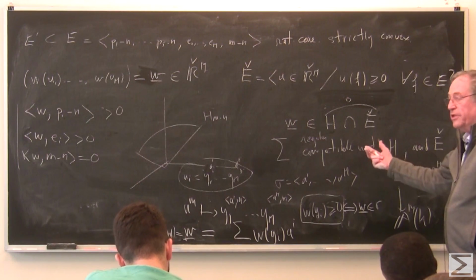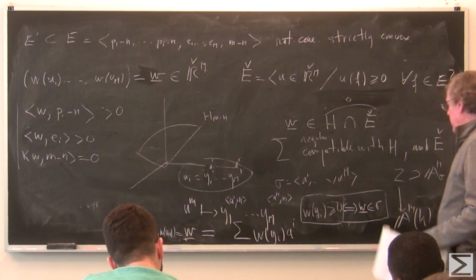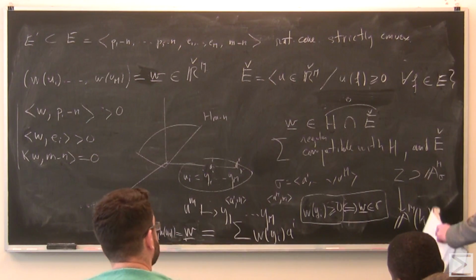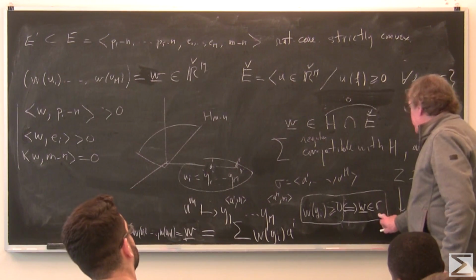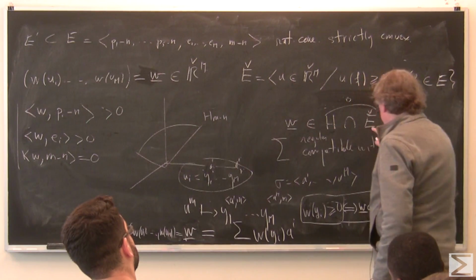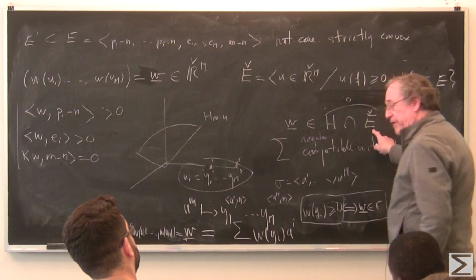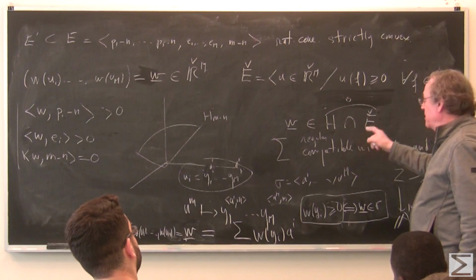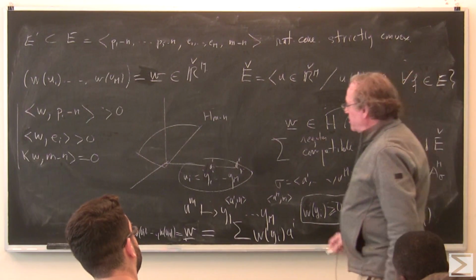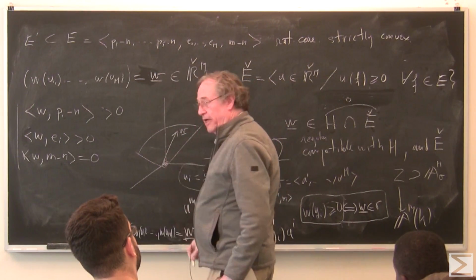Because sigma is the cone generated by these vectors. So we are going to be interested only in the cones of our fan which contain sigma. But W is in here. We want a cone which is compatible with H, compatible with E hat, and which contains W. So the picture is a little bit complicated, but W is here somewhere in this hyperplane.